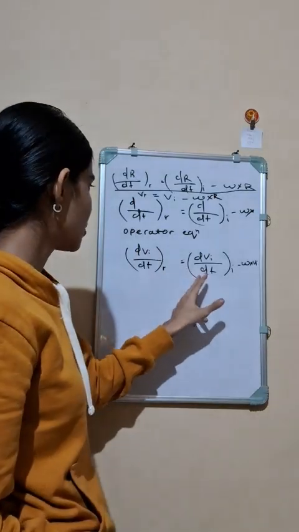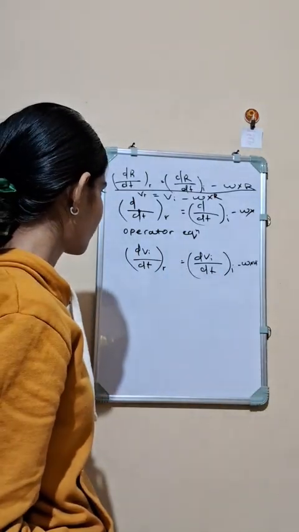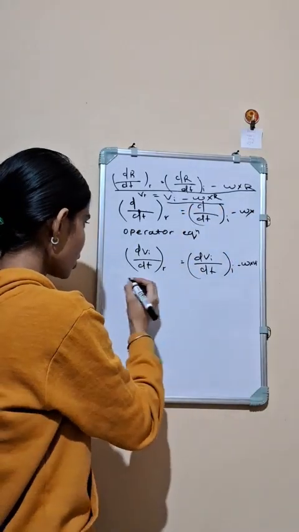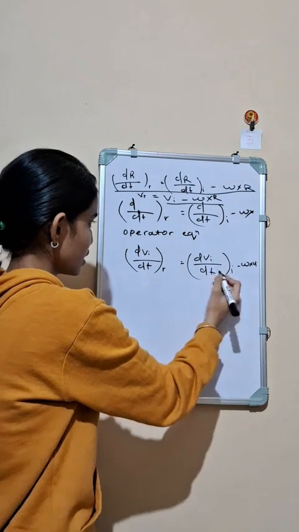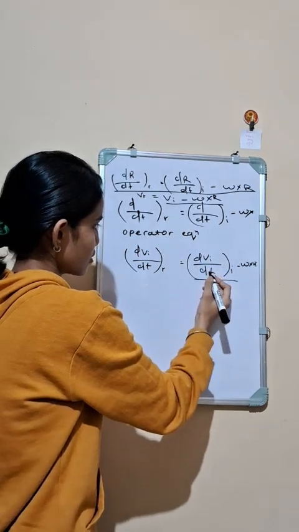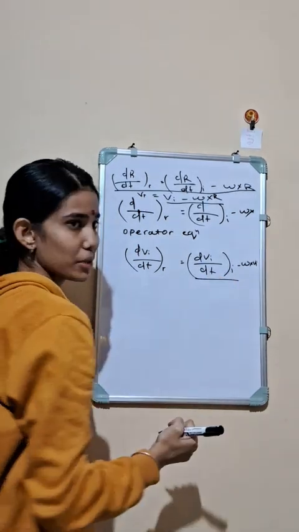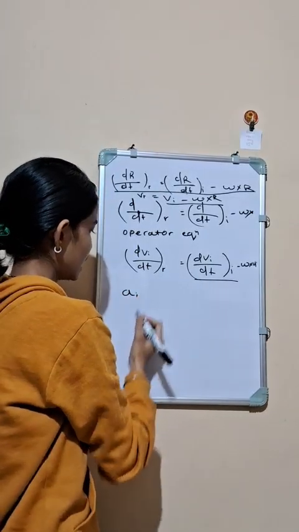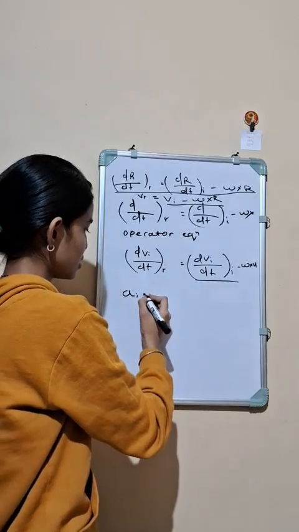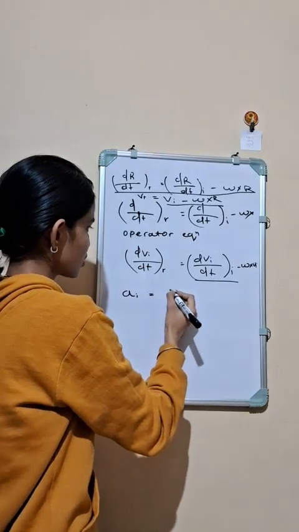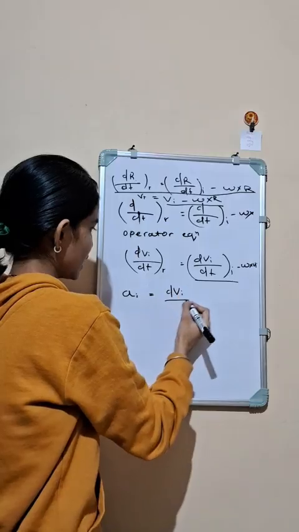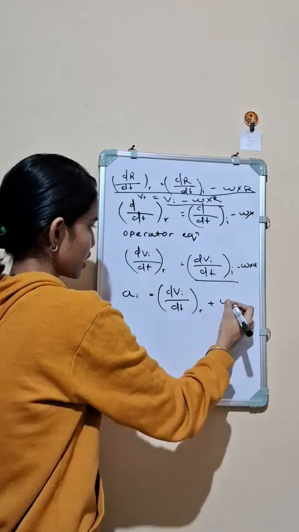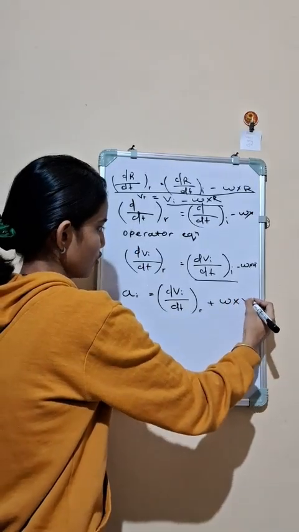So here we can put velocity using this equation. Derivative of velocity will be acceleration. We will simply say that acceleration AI from the inertial reference frame will be equal to dvi by dt from the rotational reference frame plus omega cross vi.